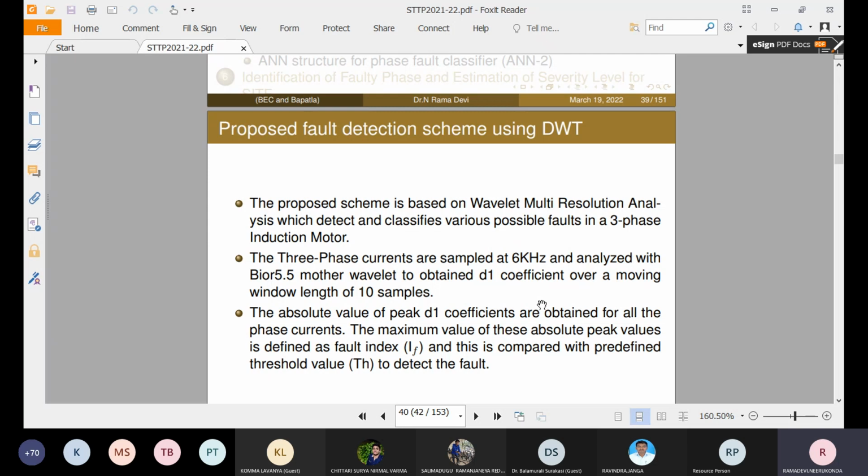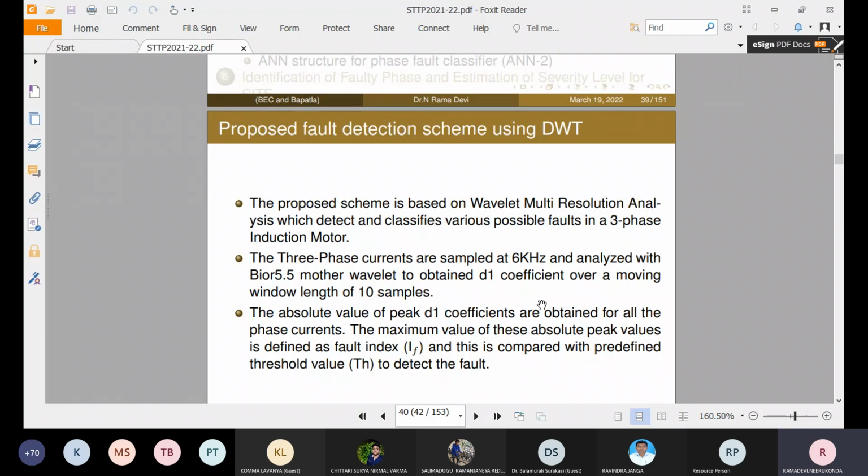We sample the captured signal at a sampling rate of 6 kilohertz and analyze it with the help of the mother wavelet Biorthogonal 5.5. Whenever disturbances happen on the motors, a high frequency component exists. To identify that high frequency component, we require the detail coefficients.